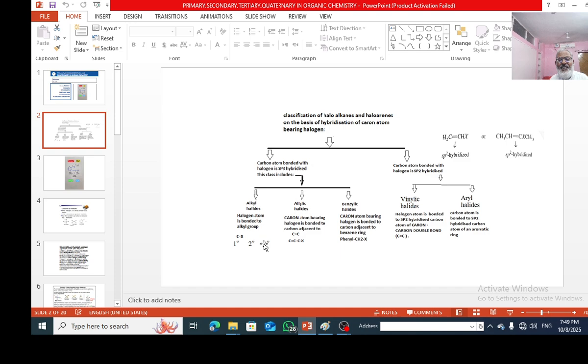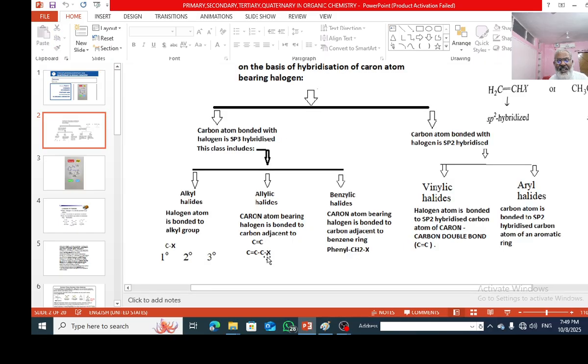Allylic halides: the carbon next to the carbon-carbon double bond, bearing the halogen, gives an allylic halide. For example, C double bond C, single bond C, then X. Here, this is the double bond carbon atom, and next to the double bond there is a carbon.